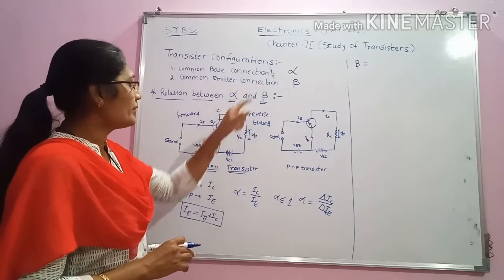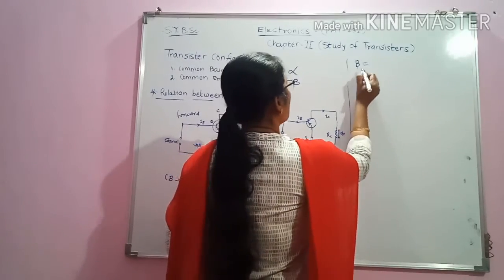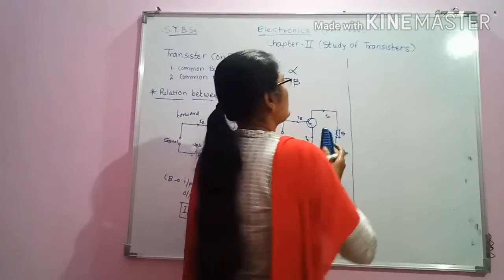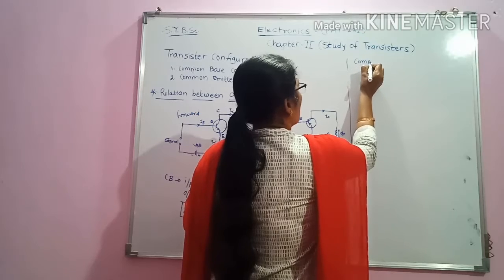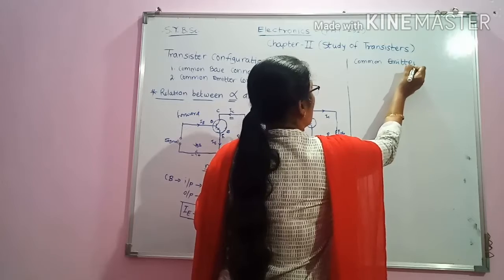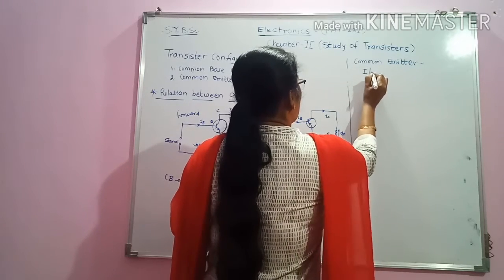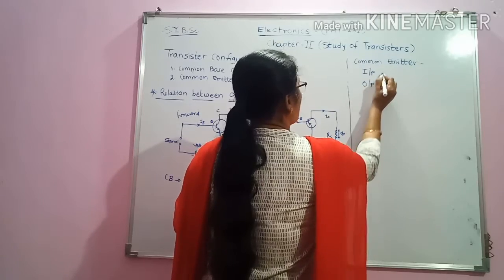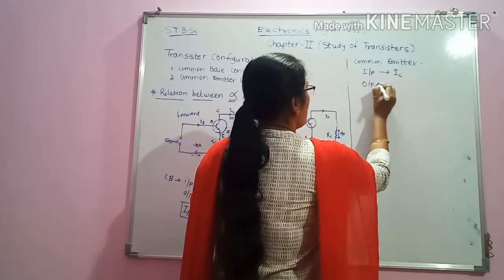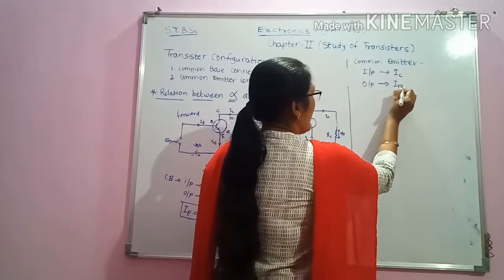In case of common emitter connection, input current is nothing but the base current IB, and output current is nothing but the collector current IC.